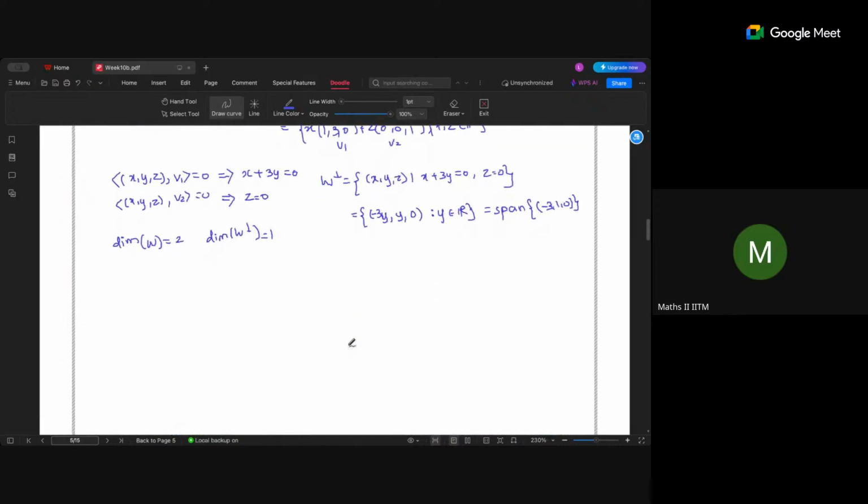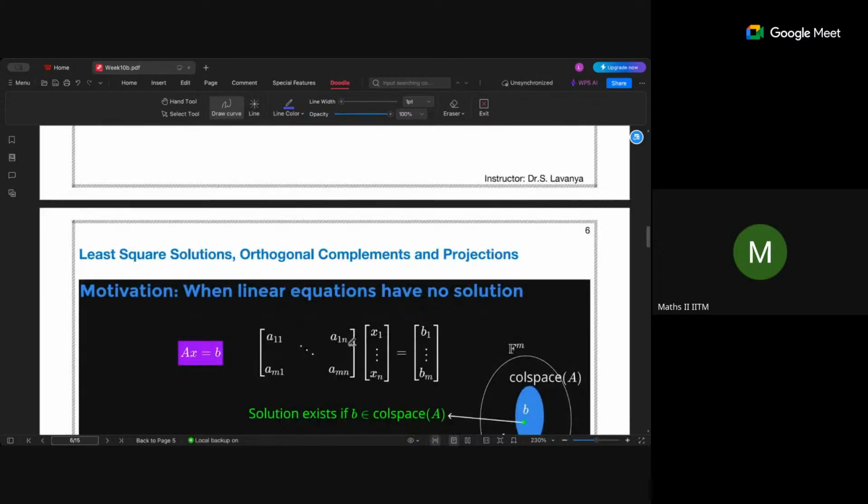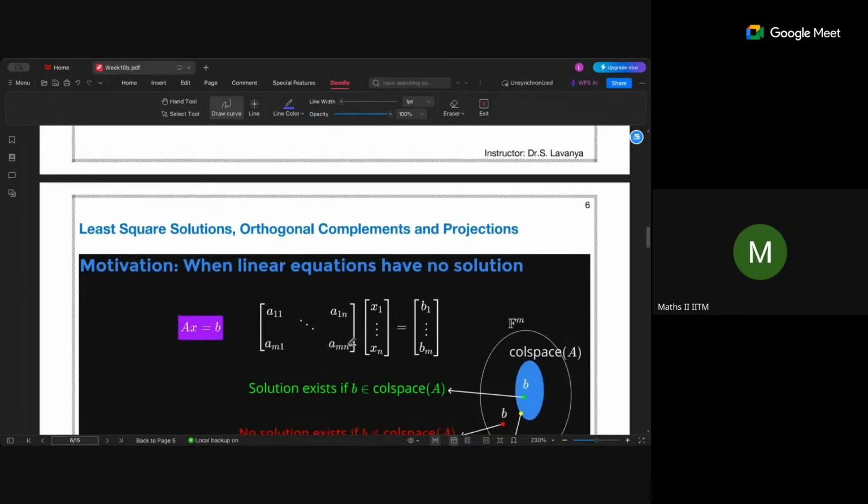All right. So next we are moving to least square solutions: how orthogonal complements come into play here, and how we are going to use projections. What are projections and how to use them. So we are going back to the very beginning, system of linear equations.